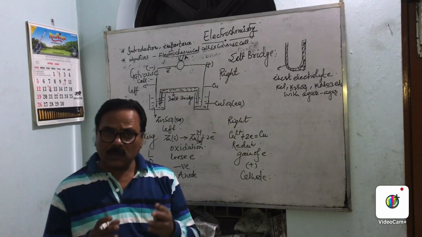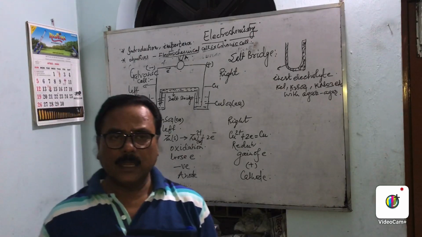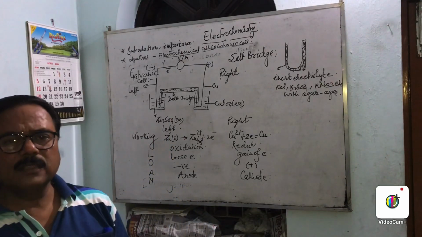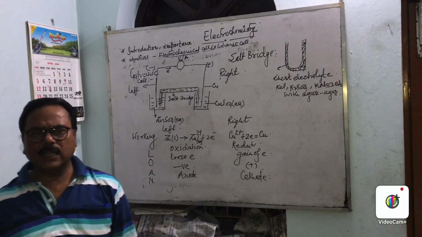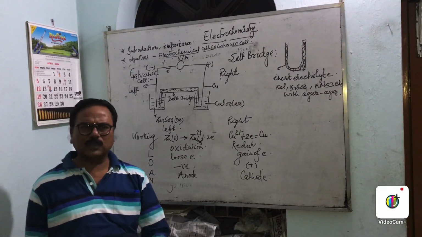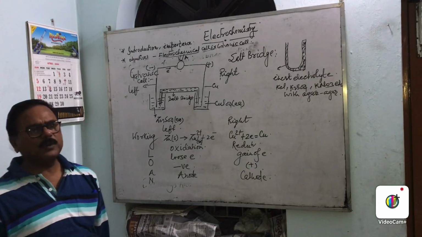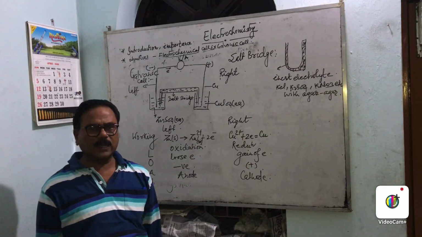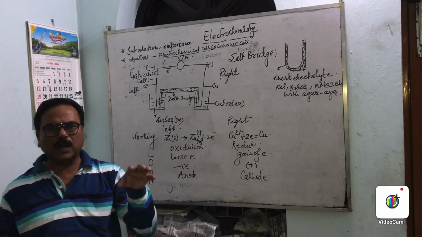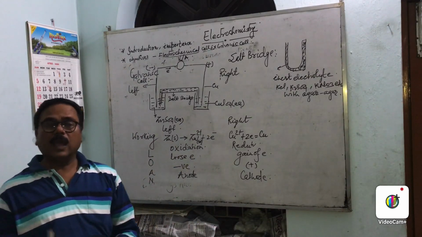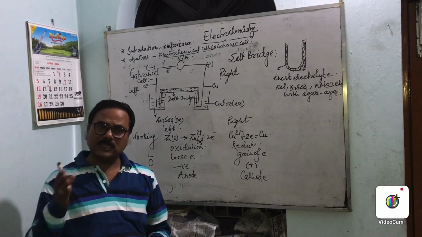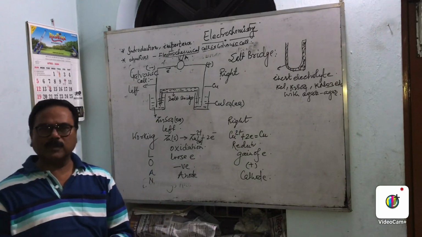So in the redox reaction, the electrode sign convention is different from that of the electrolytic cell, or electrolysis cell used for electrolysis, where we take the anode as the positive electrode because it is connected with the positive terminal of the battery, and the cathode as negative, connected with the negative terminal of the battery.